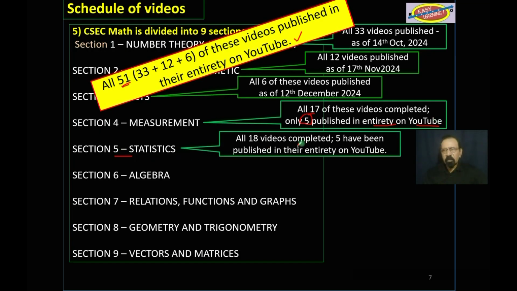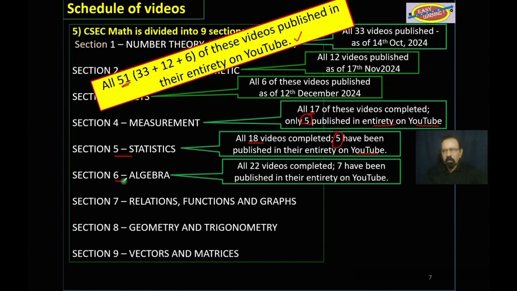Section 5, statistics, 5 of 18 of these videos have been published on YouTube in their entirety, the others partially. Section 6, algebra, 7 out of 22 have been published in their entirety on YouTube, the others partially.